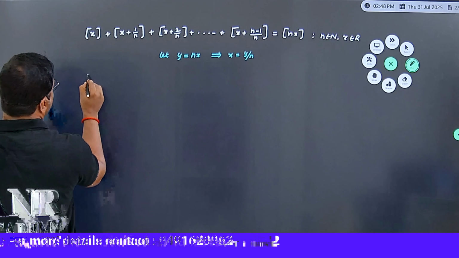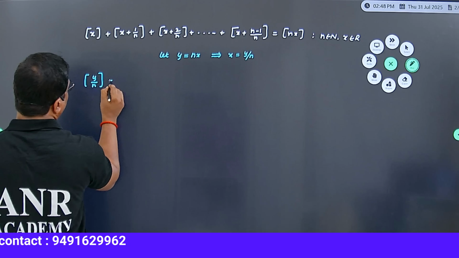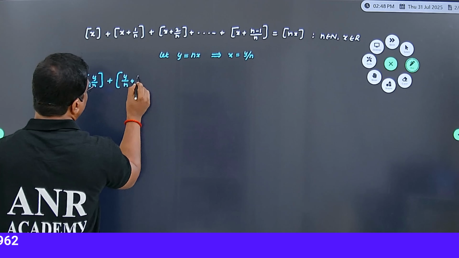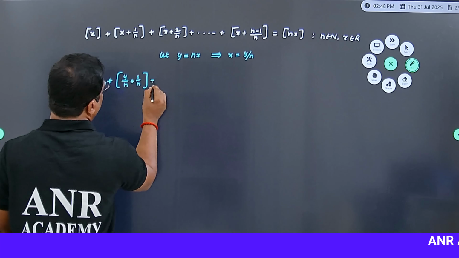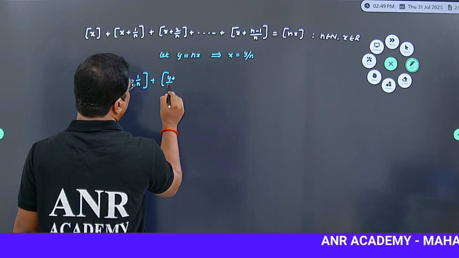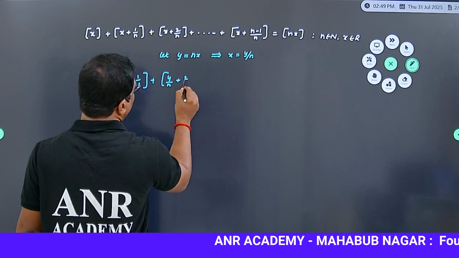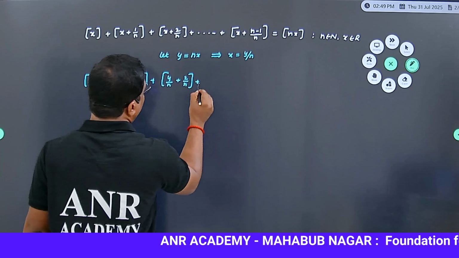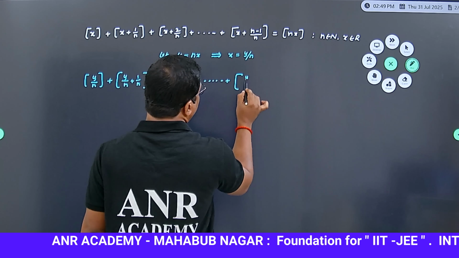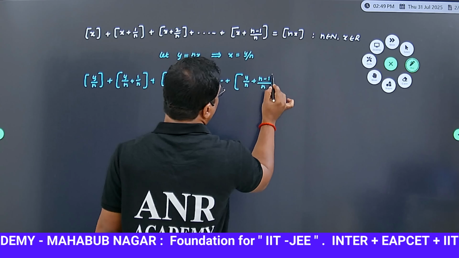LHS changes to floor of y divided by n, first term, next plus floor of y by n plus 1 by n, next plus floor of y by n plus 2 divided by n, plus and so on, next y by n plus n minus 1 divided by n.